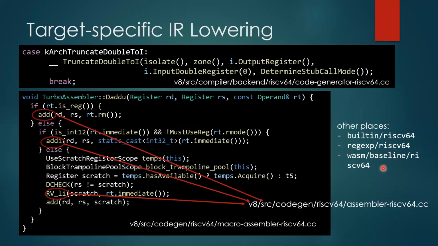So here are two takeaway points. One is I want you to get a sense of what the assembler interfaces are like: the middle one, the TurboAssembler, the lower one, the Assembler, and the upper one, which is the mapping from the code generator.